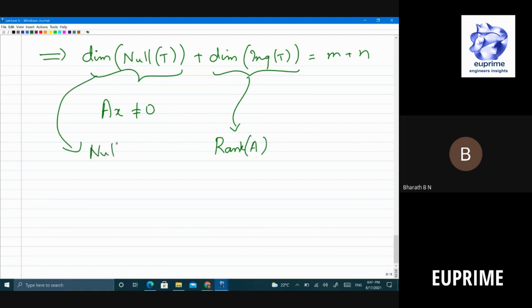The nullity of A, the null of A. So this is equal to the dimension of the entire vector space, it's n, or whatever the dimensionality of A is. So that's why it's called the rank nullity theorem. Think about this also, why it's called this. What is rank, by the way?